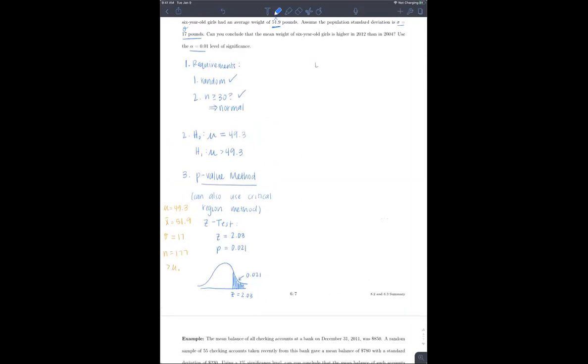And so the fourth step with the p-value method is to make a conclusion. And so what do I compare my p-value to? To alpha? Yeah, you're going to compare it to alpha, right? And so here, alpha is equal to 0.01.